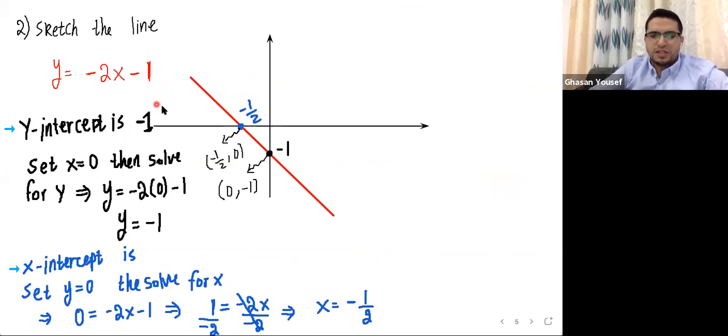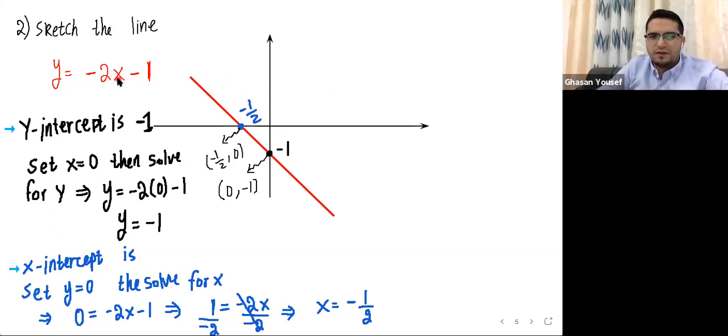Also, to sketch any line, you have to find the y-intercept and the x-intercept. And you should know how the line looks by the slope before you start looking for the intercepts. If the slope is negative, the line looks like this. If the slope is positive, the line looks like this. If the slope is equal to 0, the line will be horizontal.